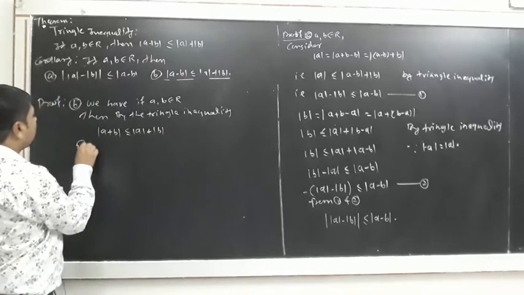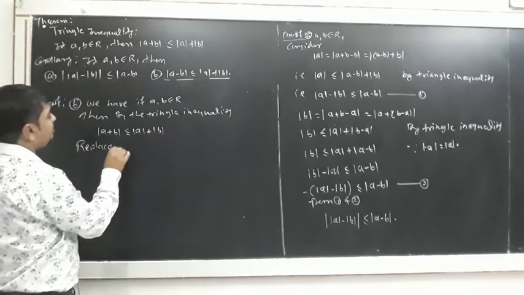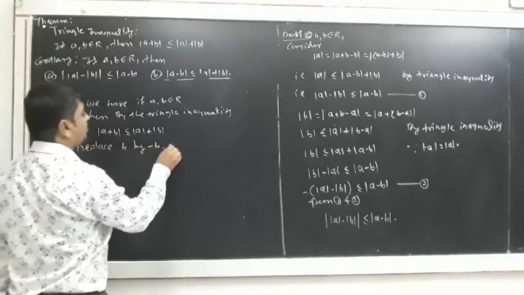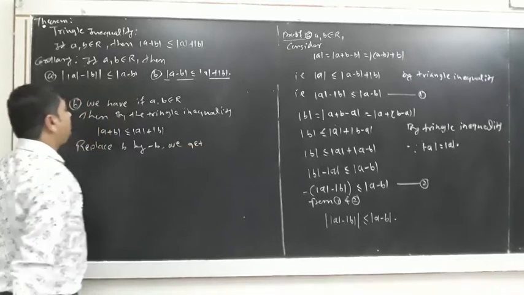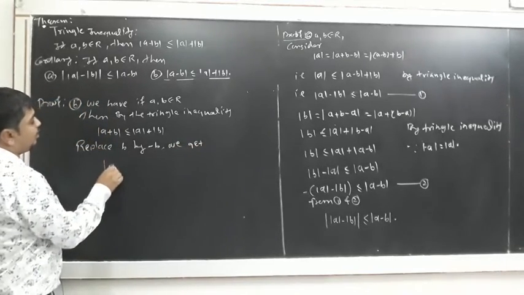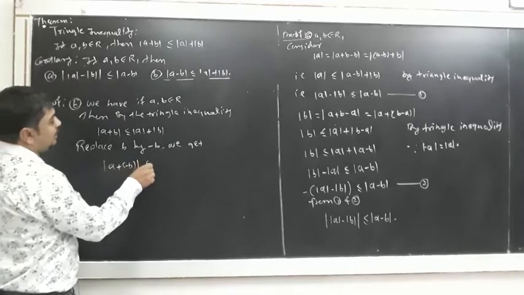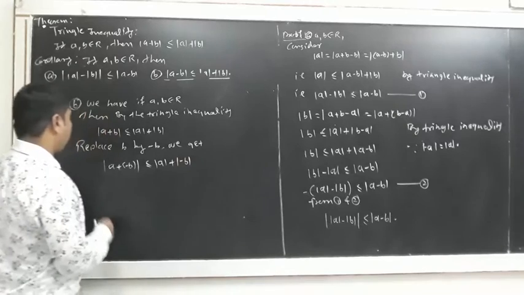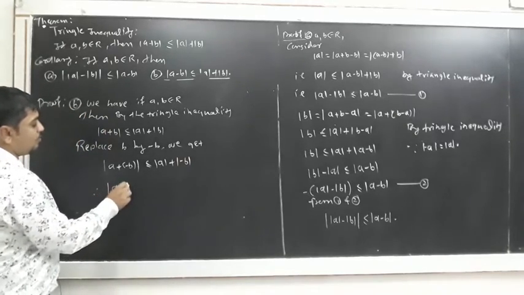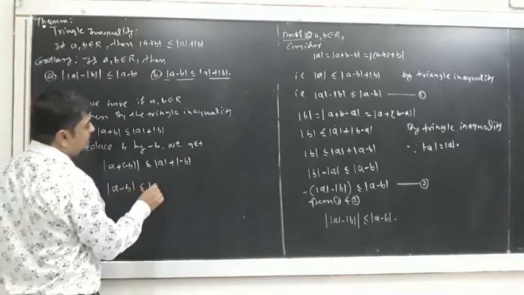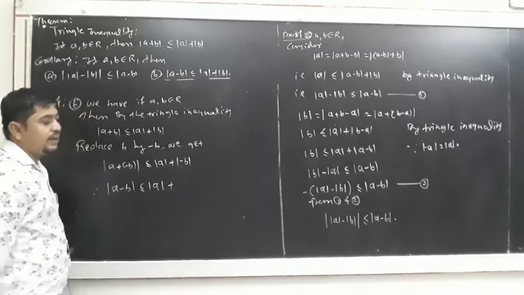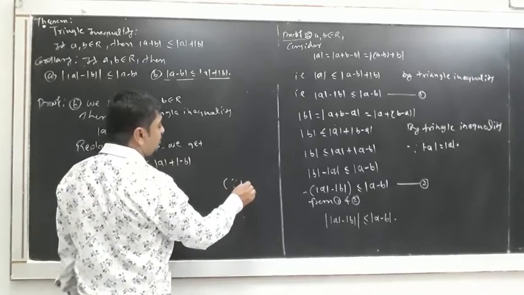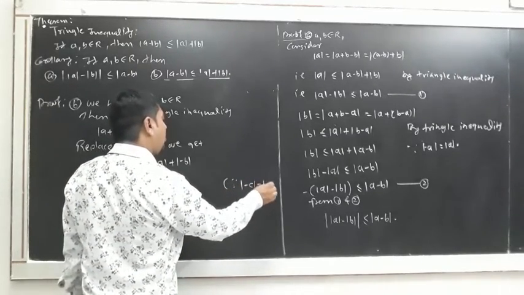Now what do we do? Replace b by minus b. So |a + (-b)| is less than or equal to |a| + |-b|. So this will be |a - b| less than or equal to |a| + |-b|, and |-c| must be equal to |c|.